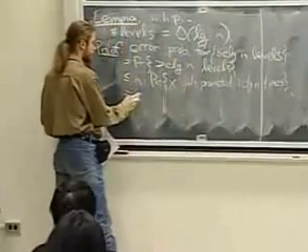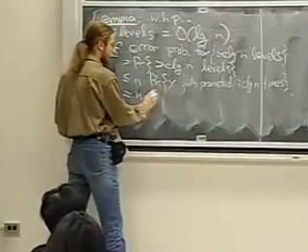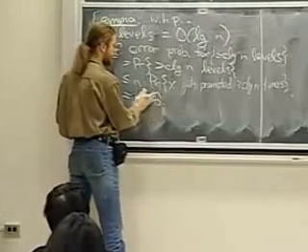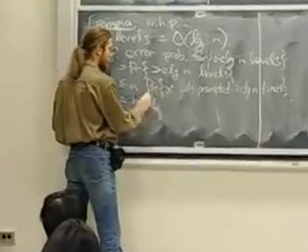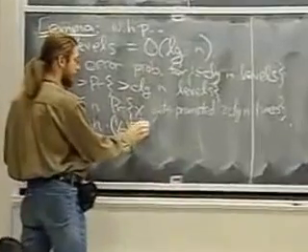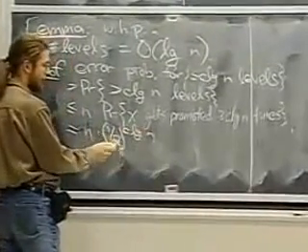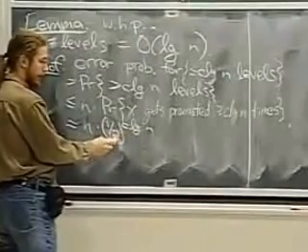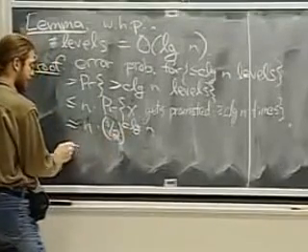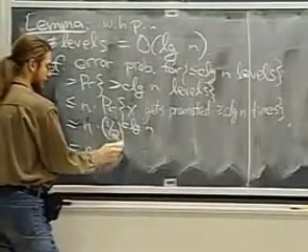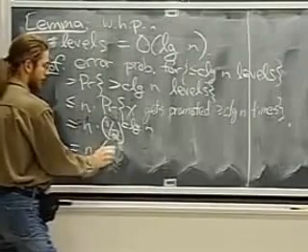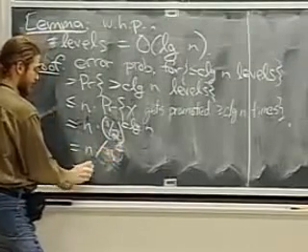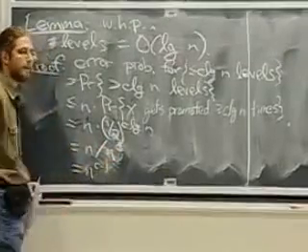This is n times, let's say, to be nicer, 1/2 to the power c log n. 1/2 to the power c log n is 1 over 2 to the c log n. The log n comes out here, becomes an n. We get n to the c. So this is n divided by n to the c, which is 1 over n to the c minus 1.